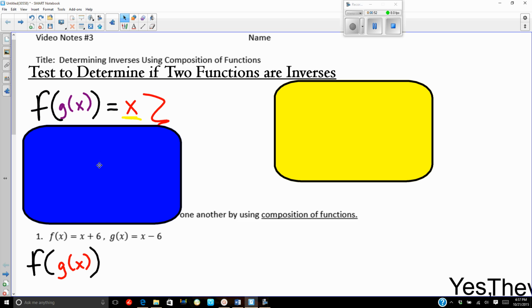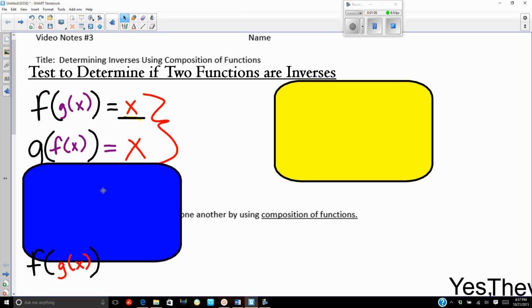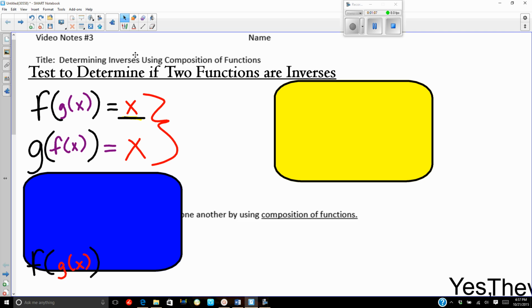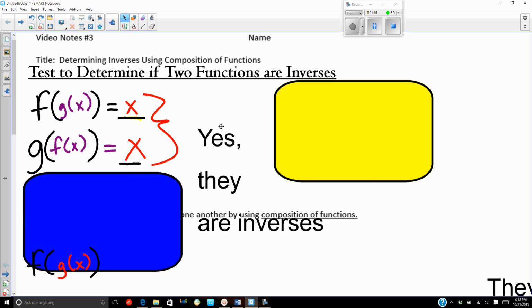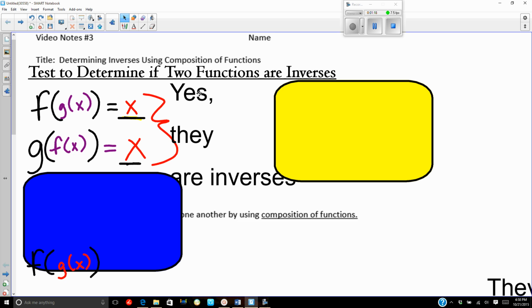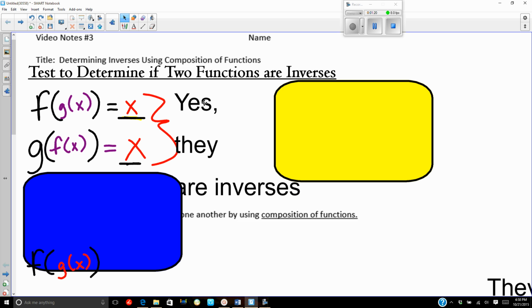If we take f of g of x, which we talked about last Friday, and the end result is x, so the result is just a single x, we then take g of f of x, and if its end result is also an x, if that occurs both ways, then that is enough to say yes, those 2 functions are inverses.